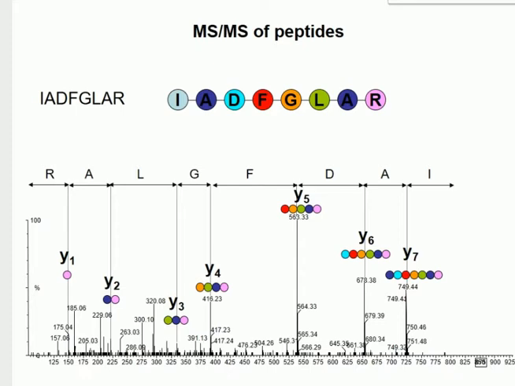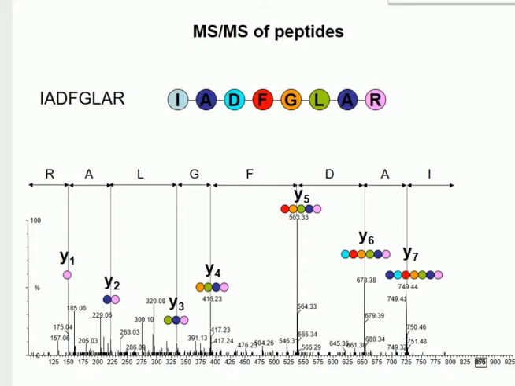Yes? I guess I'm confused about this application. Why can't you just analyze the entire thing as one charge? Because if you just measure the mass of the intact peptide, you've got no information about the sequence.